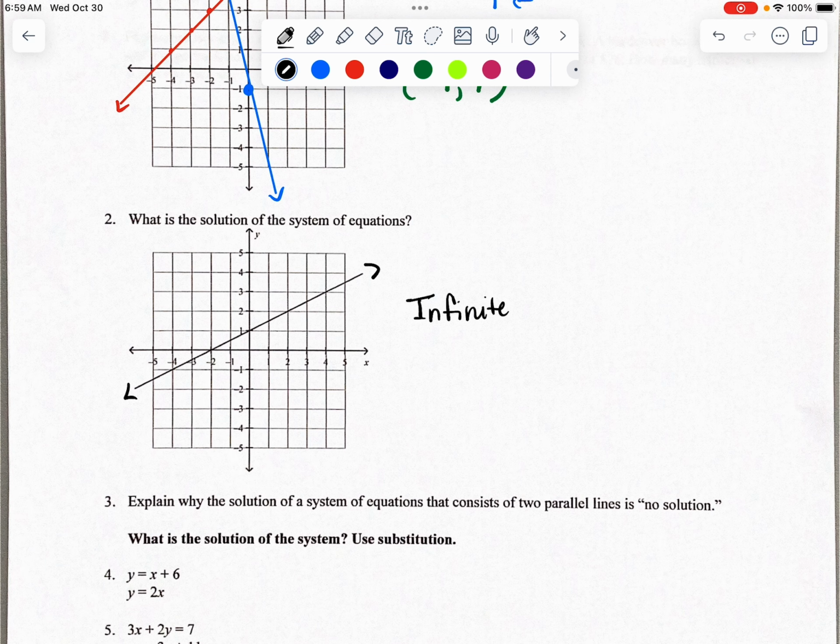And if you remember, the reason why is if I graphed a line and then I had another equation that just so happened to be that exact same line on top of it, then those two lines are intersecting everywhere, and there are infinitely many solutions because they intersect at all of the points on the line.